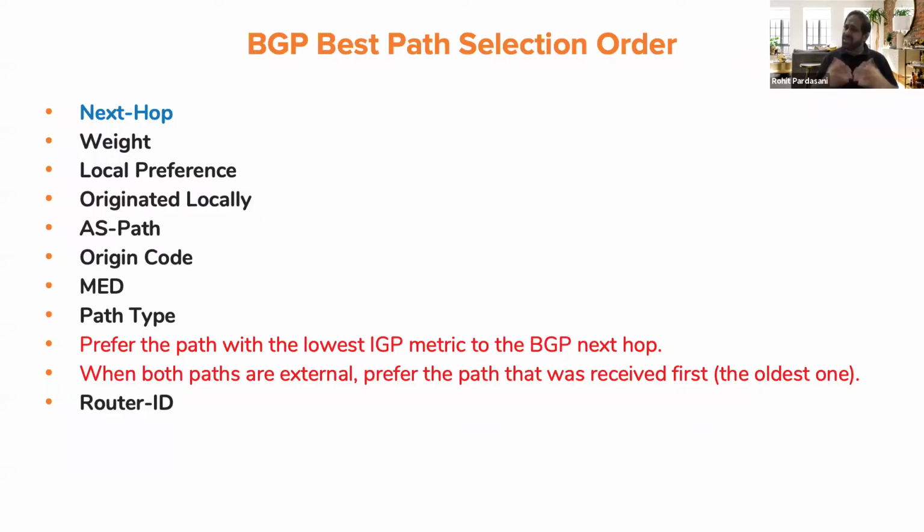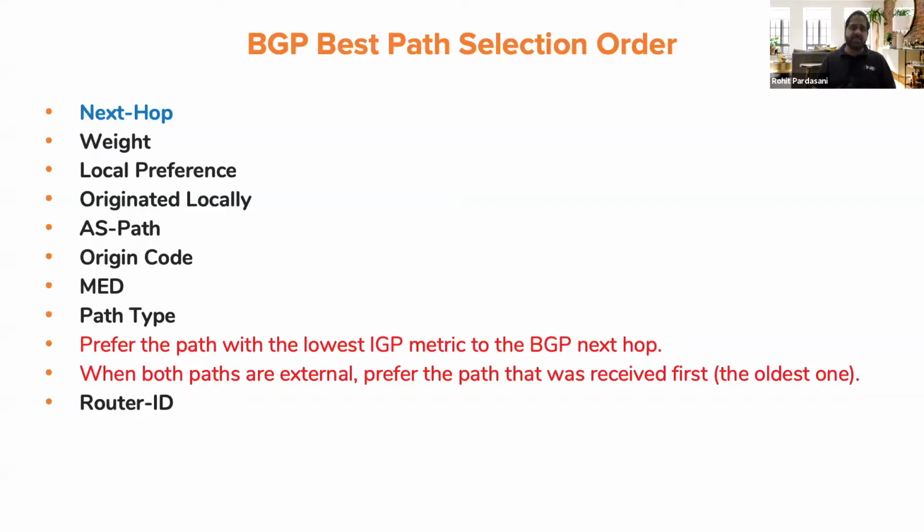So maybe it comes up at the same time. If that's the same, then it's going to compare the router ID. Again, the router ID could be the same if I have two links to one neighbor. Router ID lower is better. If there are two separate neighbors, then the lower one wins. But if it's just two links to one neighbor or one router, then the router ID may be the same.